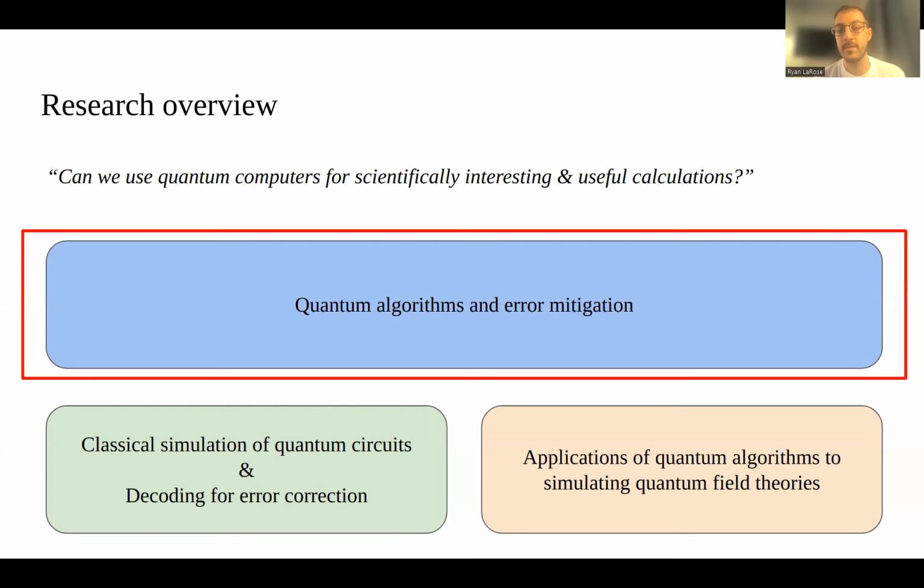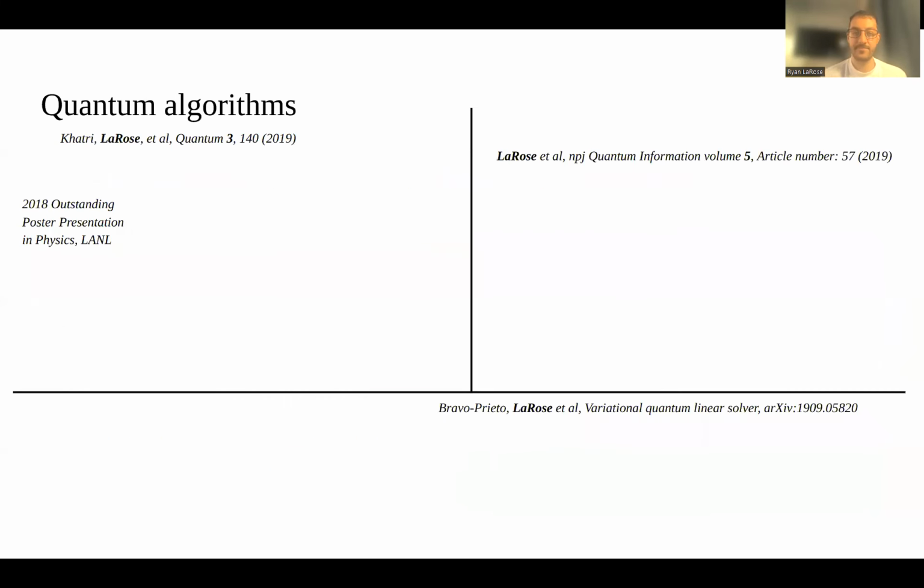I won't speak too much about that today, but if you're interested and want to ask about it, that's there. The guiding question for me is always, can we use quantum computers for scientifically interesting and useful calculations? That's the main thread that goes through everything.